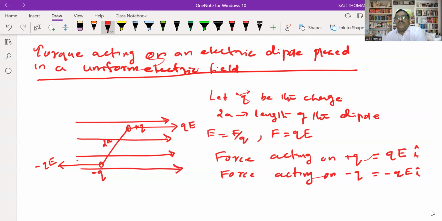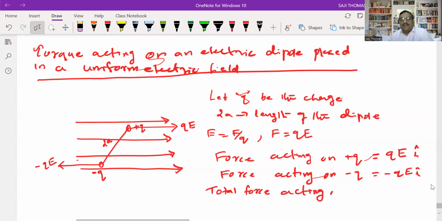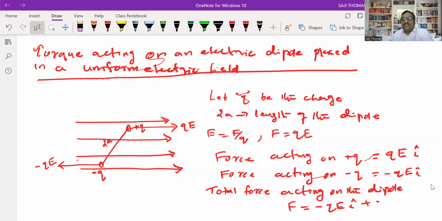So what is the total force acting on it? When you add these two forces, we will get 0. Total force acting on the dipole: minus qE i hat plus qE i hat is 0.